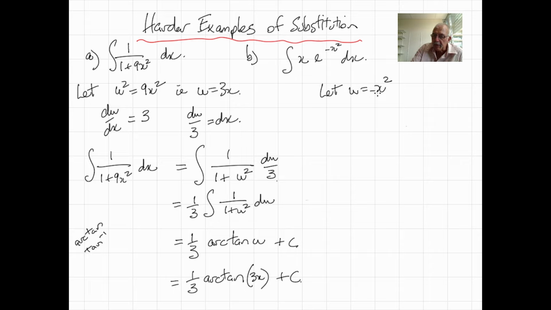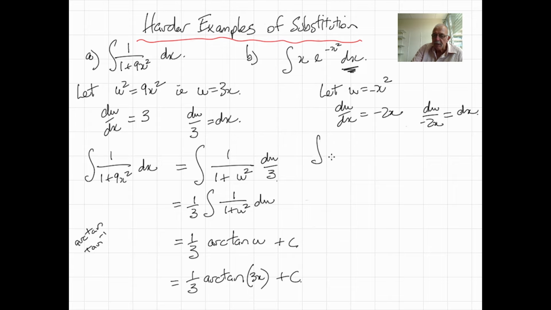So if we've got u equals that, then we find du dx, and that's equal to minus 2x. And we want dx, so we're going to make this the subject, so we switch those two. So we get du over negative 2x is equal to dx. So that'll allow me to do a substitution for that.